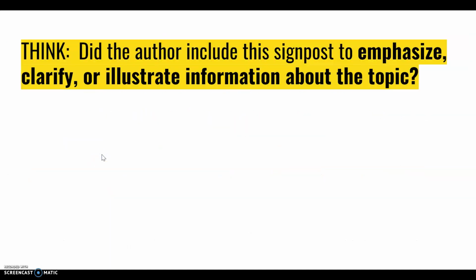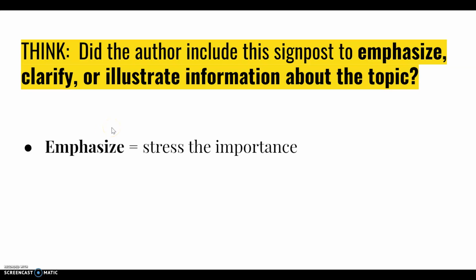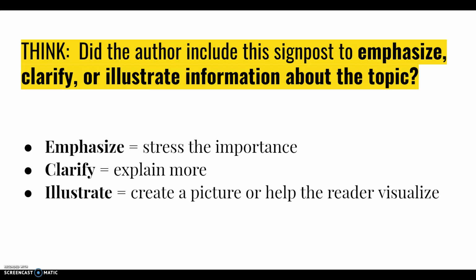So when you see that an author has used a signpost, I want you to think, did the author include this signpost to emphasize, clarify, or illustrate information about the topic. Again, emphasize is to stress the importance, clarify is to explain more, and illustrate is to create a picture or help the reader visualize.